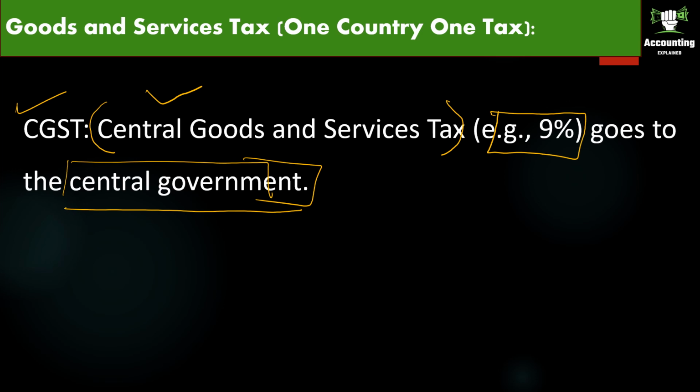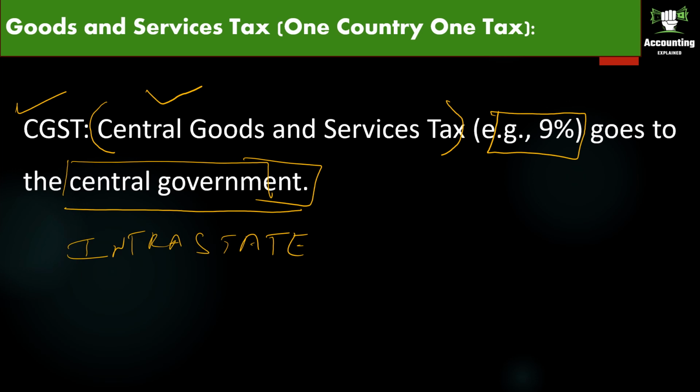CGST is a tax levied on intrastate supplies of both goods and services by the central government, and it will be governed by the CGST Act. Intrastate means within the state. It will include the following taxes.